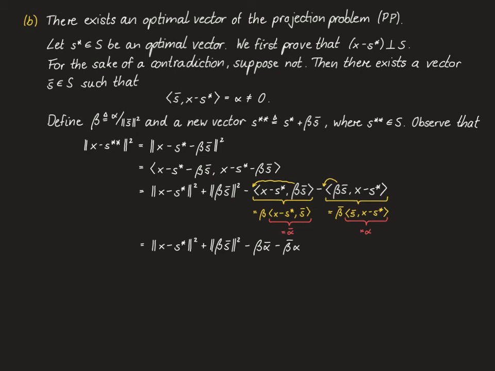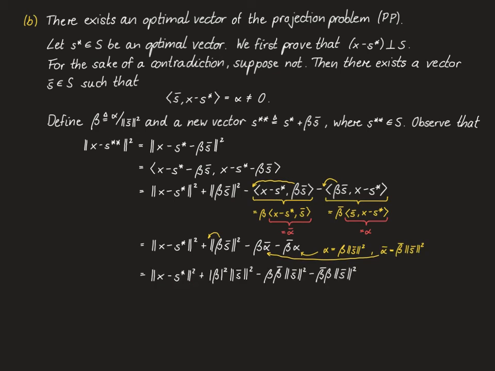Now we can pull out the scalar beta in the second term, and we can substitute for alpha the expression alpha equals beta times the norm of S bar squared. What we get from this is the norm of x minus S star squared plus the absolute value of beta squared times the norm of S bar squared minus beta times beta bar times the norm of S bar squared minus beta bar times beta times the norm of S bar squared.